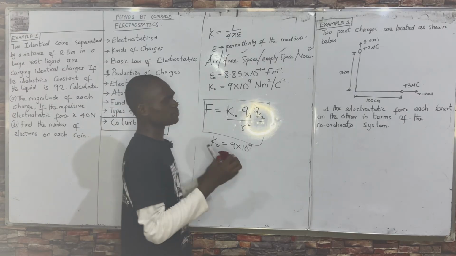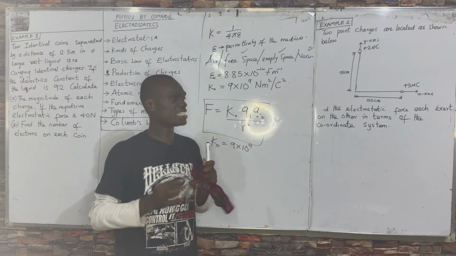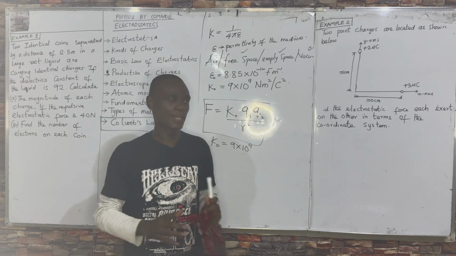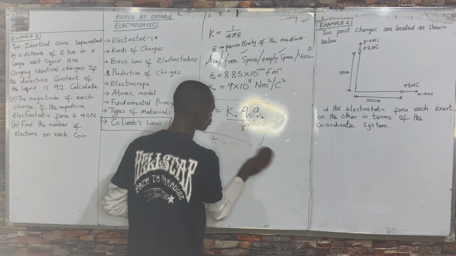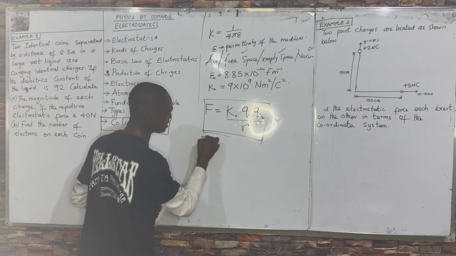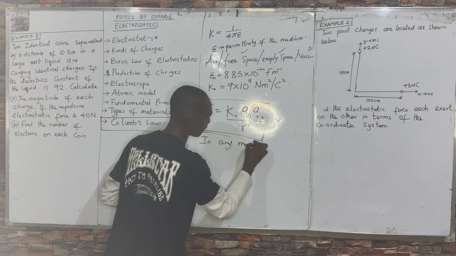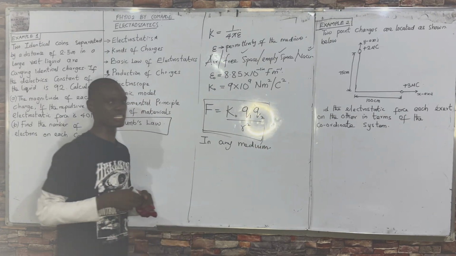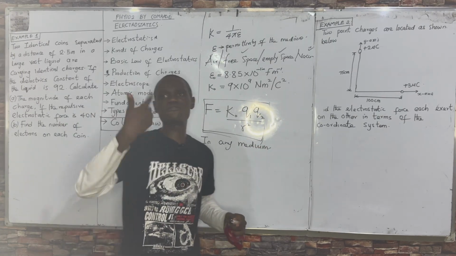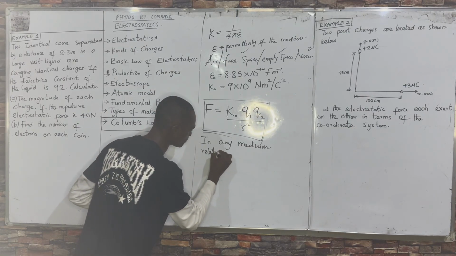Now, what about if the medium of interaction is not air? Please take note, if the charges are not interacting in air or in free space, meaning they are in any medium, you now have to define what is called the relative permittivity.